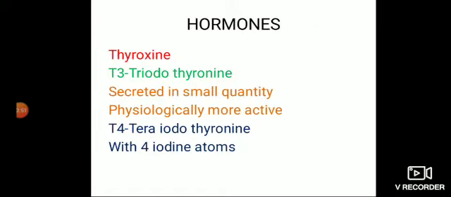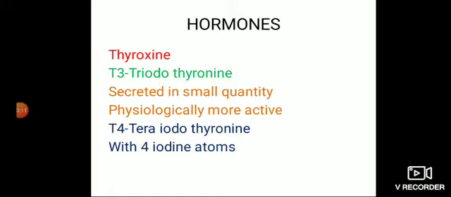What are hormones? Hormones are neurotransmitters or chemical messengers. The organ on which they act is called the target organ. Hormones are secreted by the endocrine glands. Now the hormone commonly called thyroxine of the thyroid gland has two forms.